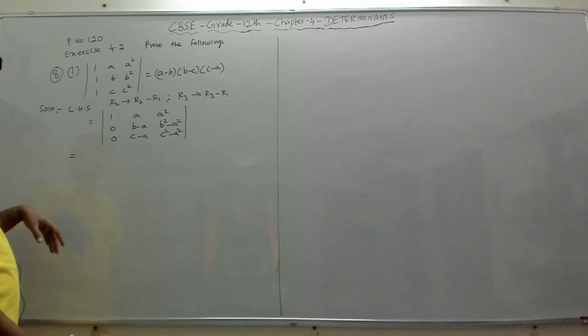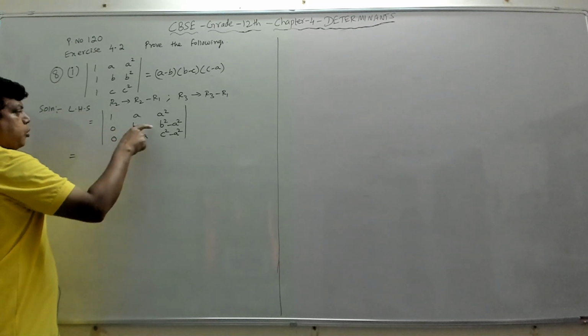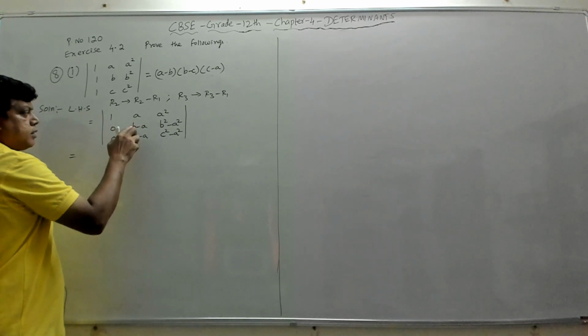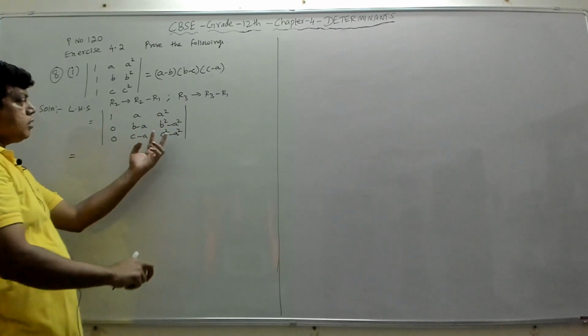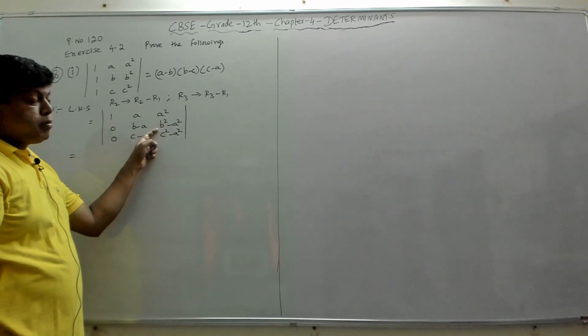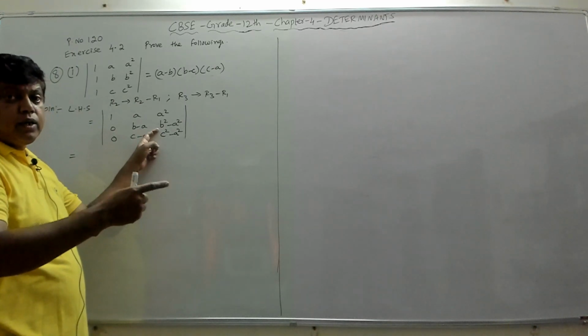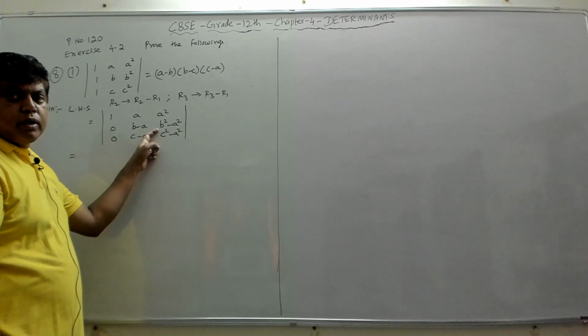Now if you observe, row 2 has B minus A common. This has B minus A, this also has B minus A. B square minus A square can be written as B plus A into B minus A, using the A square minus B square formula.